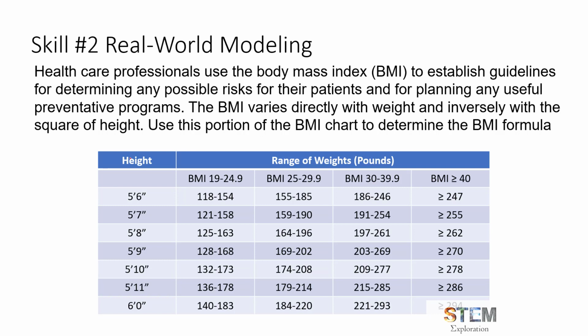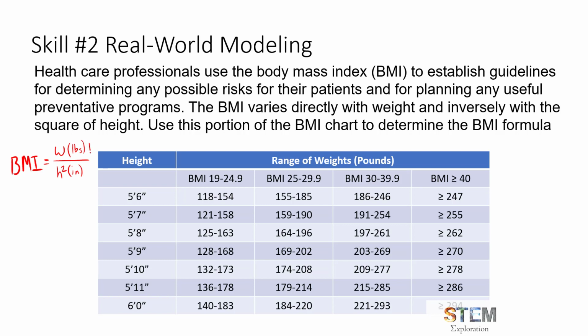So it says the BMI is a relationship that directly varies with weight. So let's go weight in pounds, and is inversely relational based on the square of height. So it's height squared, and it doesn't say, but this should be inches.